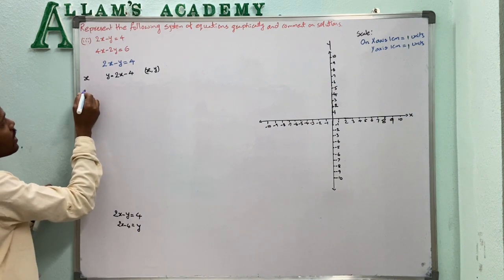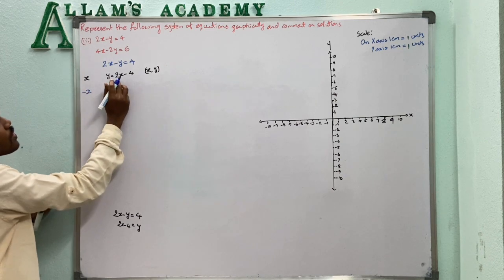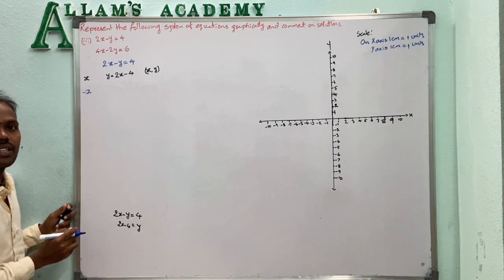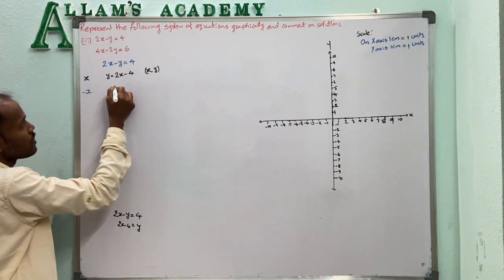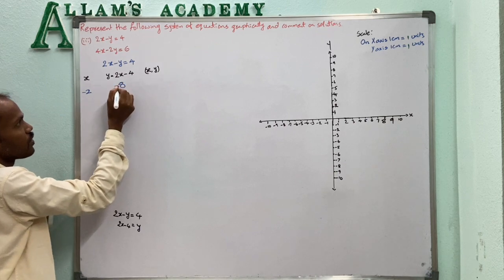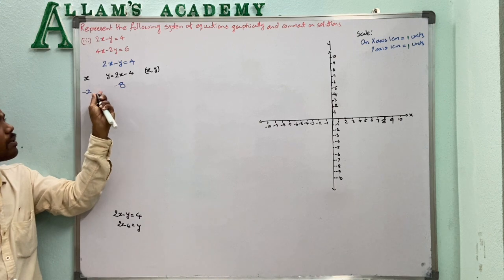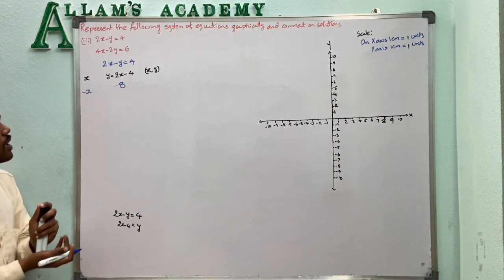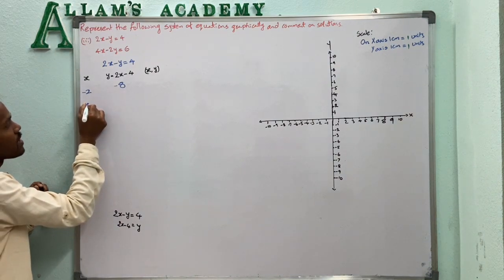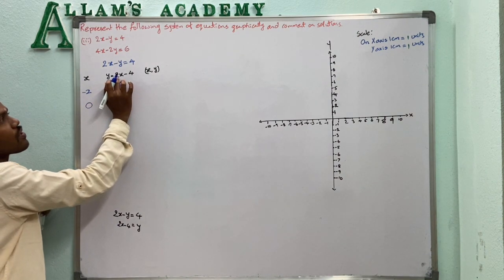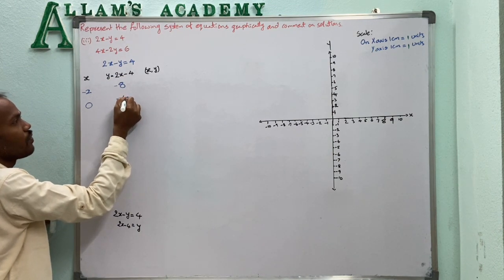Now substituting different x values, same as before: one negative, one positive, and 0. If x equal to minus 2, then 2 into minus 2 is minus 4, minus 4 minus 4, both are negative numbers so we add, that is 8, and keeping the minus symbol, that is minus 8. Now substituting 0: 2 into 0 is 0, 0 minus 4 is minus 4.